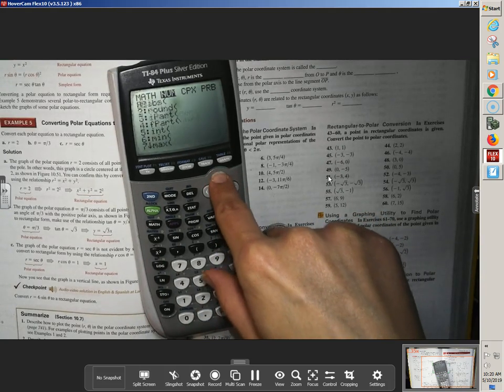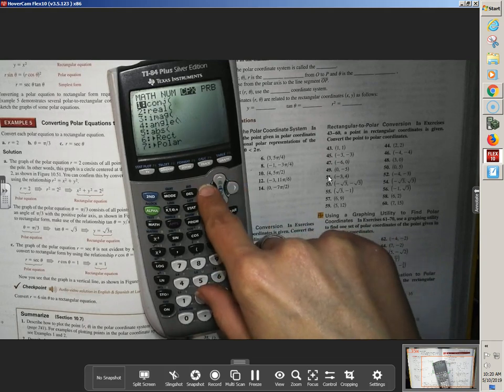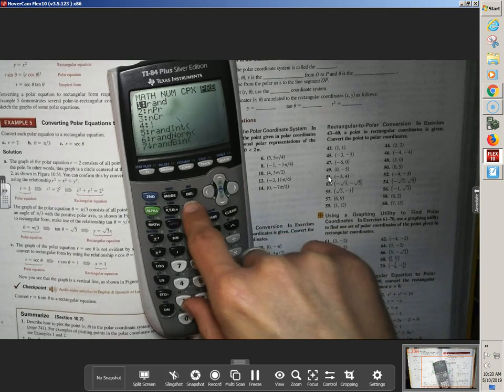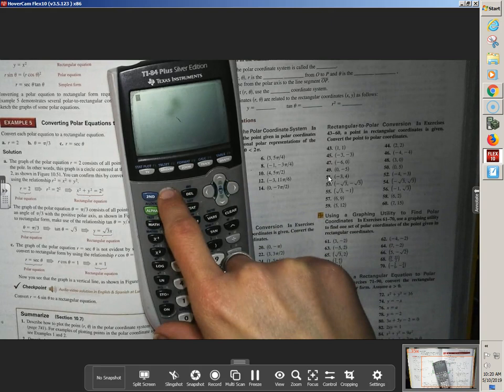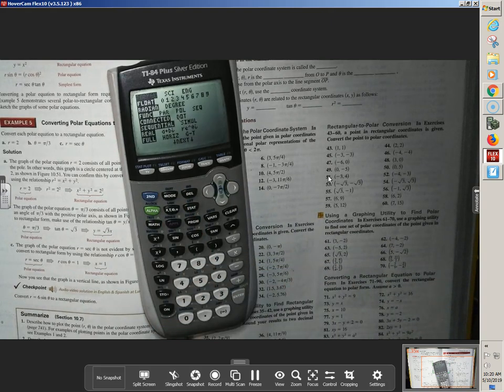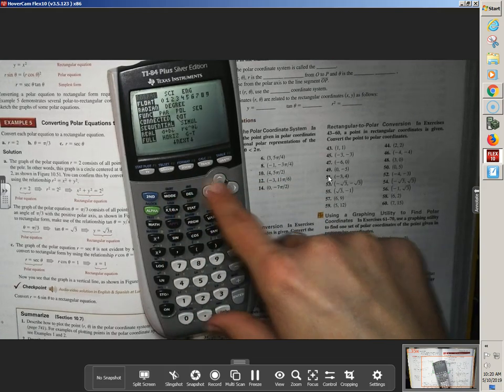What are the things that we were given? We were given radians, yep. We should go to radian mode, because the first angle was radian. So, mode, oh, I'm already in radian.